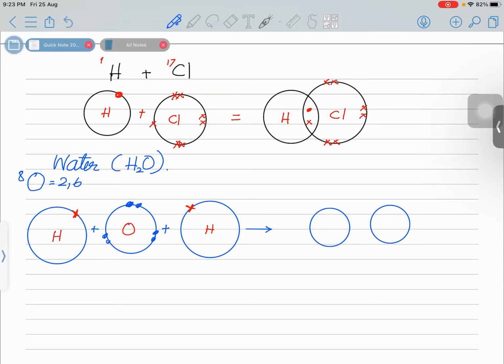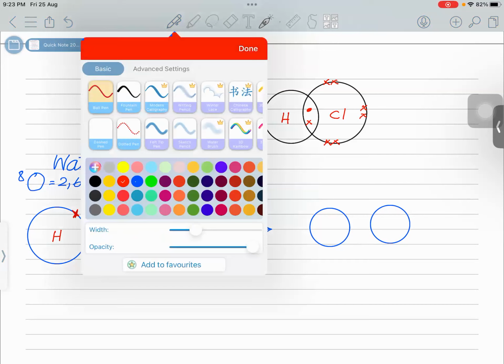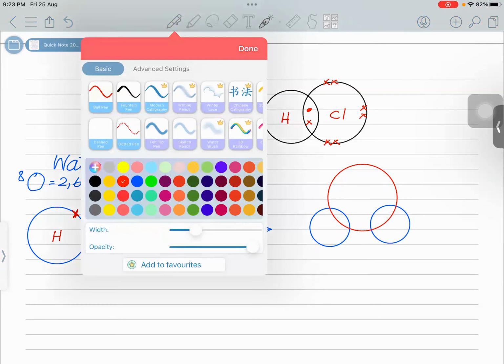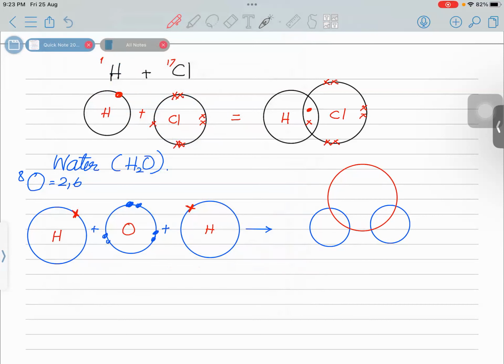This is oxygen. This is hydrogen. This is hydrogen.